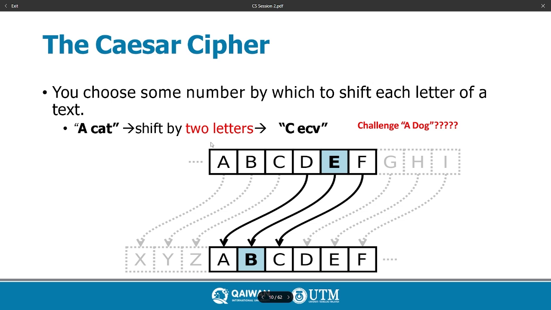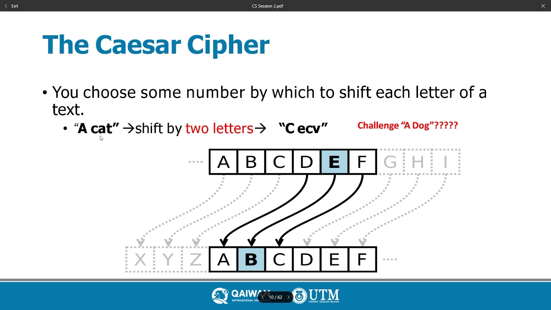You will choose a number between 1 and 25. Either you can shift one time, two times, three times, or 25 times. In this case we have a shift by two letters. With a shift by two letters, CAT will become ECV.